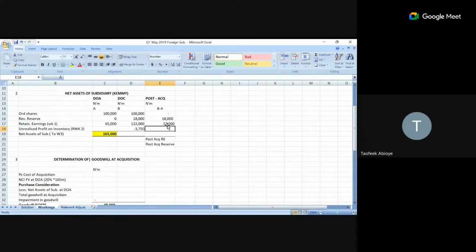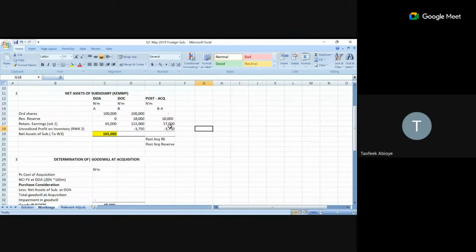So, remember, B minus A, right? B minus A. So we get our post-acquisition like that. So this one, we determine by ourselves. Now, this is what we are going to do.